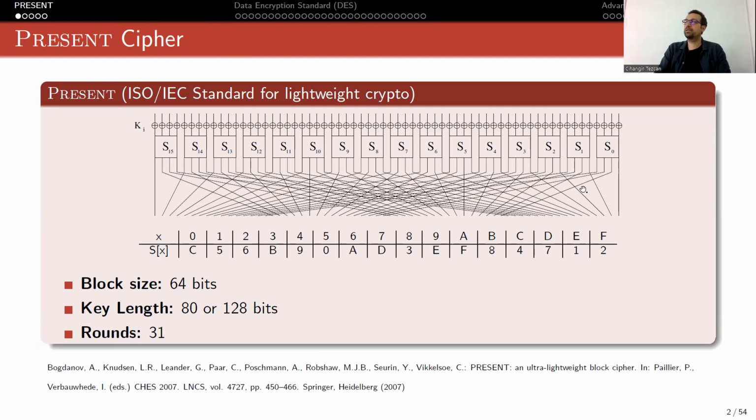Next step is the permutation. This permutation is chosen in a way that the rightmost 2 bits of an SBox output stay on the right part of the cipher, and the leftmost 2 bits go to the left part of the cipher. We can see it if we follow the lines correctly. For instance, look at this. We have 1, 1, 0, 0, right? That 0 goes here. This 0 also goes here.